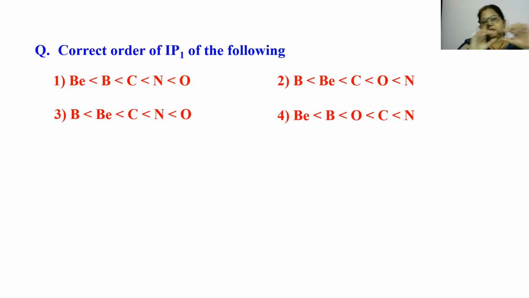See, this is just a recap of what we have done. You have to put the order with the exception. The second period is not a straight line, right? So quickly, what will be the correct answer?